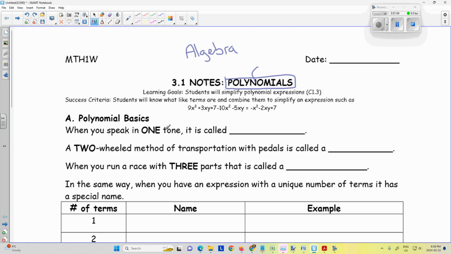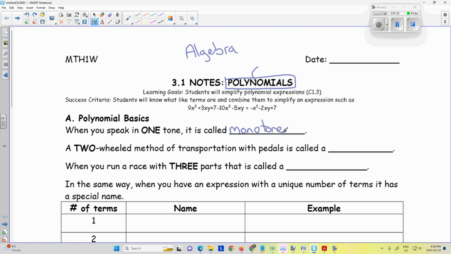If you speak in one tone, so if somebody is a talker that just talks in one tone without any excitement, or they don't raise their voice or lower their voice, it's often just called monotone.